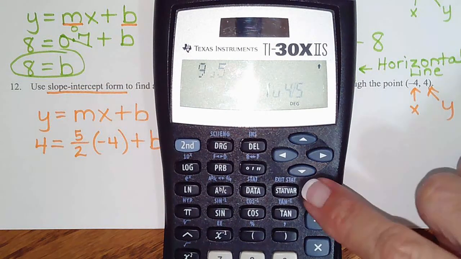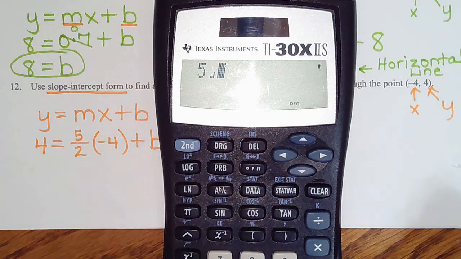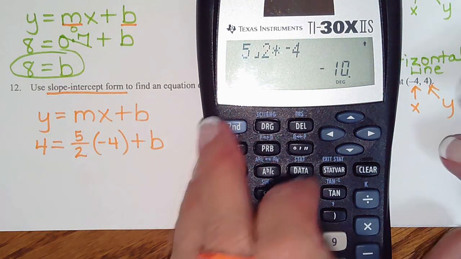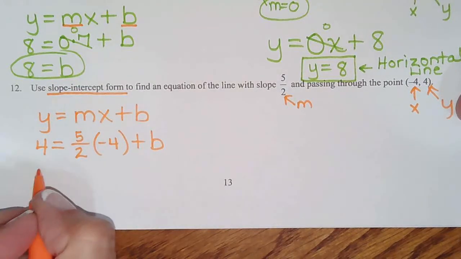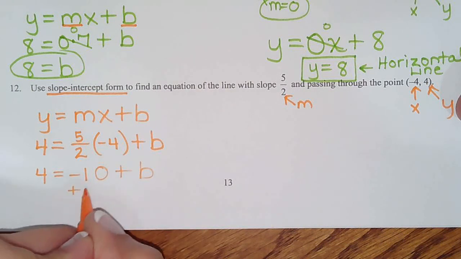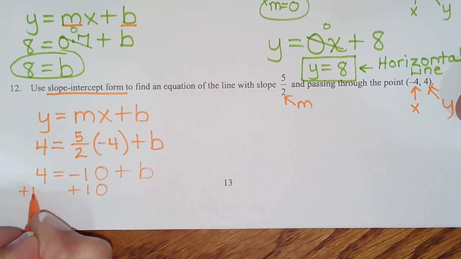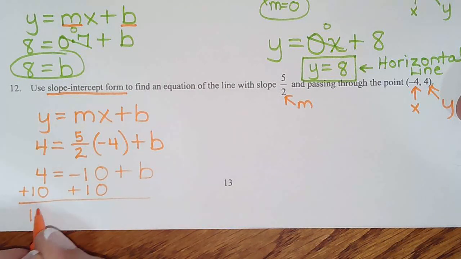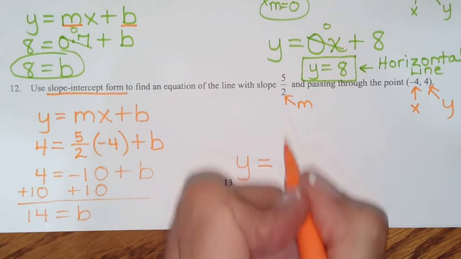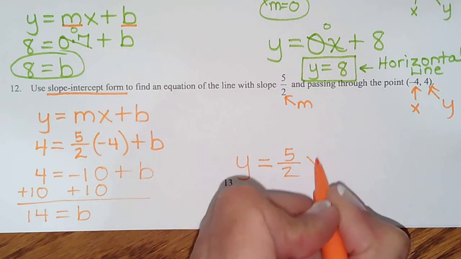Don't fret about this, easy to do on the calculator. So it'd be 5 fraction bar 2 times negative 4. So negative 10. So 4 equals negative 10 plus b. We need to find out what b is, so get b alone by doing the opposite and moving everything to the other side. So my answer is going to be y equals 5 halves x plus 14.